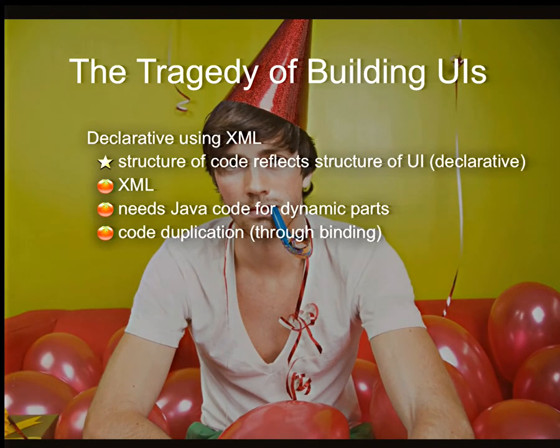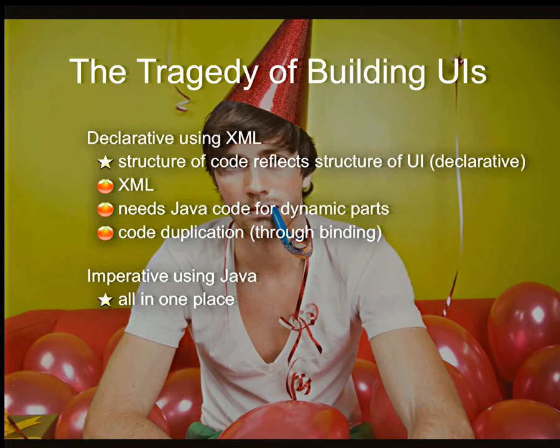And this means also code duplication. And on the other hand, you have something like imperative programming of the UI, and this is good because it's all in one place. You don't have two files and stuff like that, and it's actually easy to write. Maybe not that easy to read, but easy to write. But as I said, it's hard to read because it's imperative and you have to analyze it and stuff like that. And with that, having put up such a high aim, I'm going to pass it to Sven now.